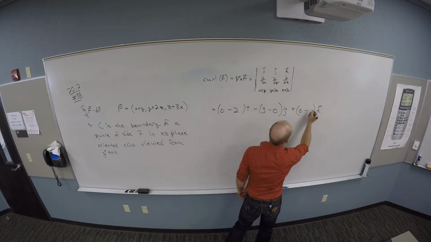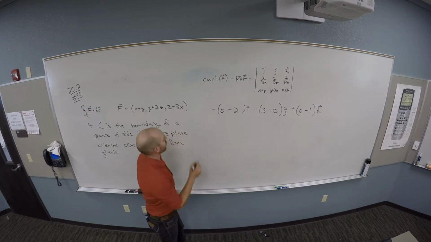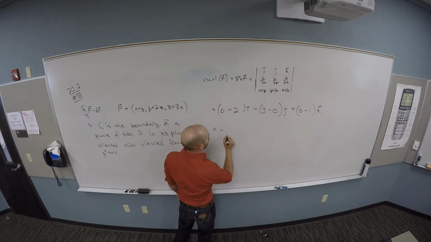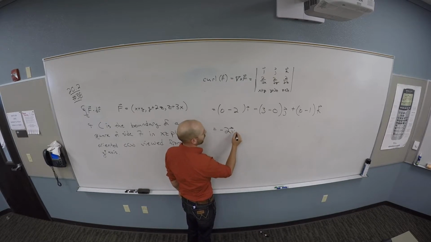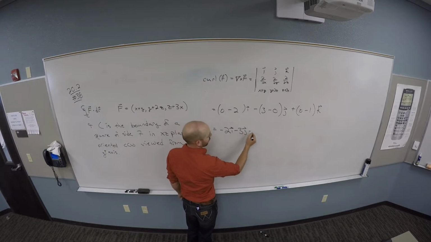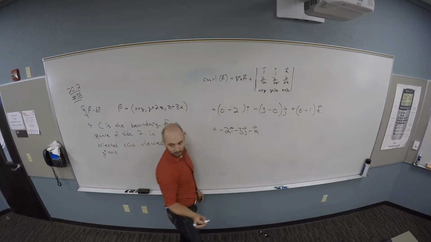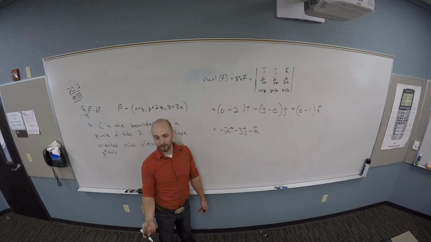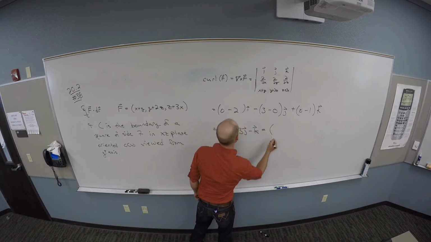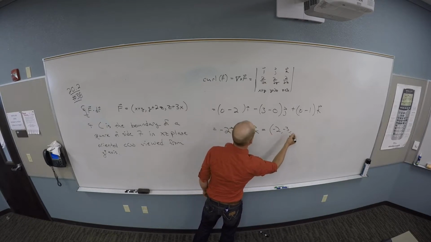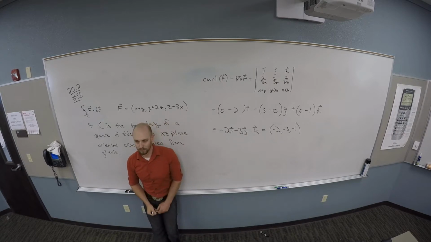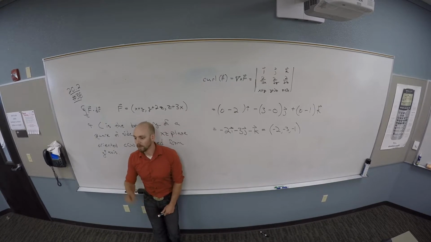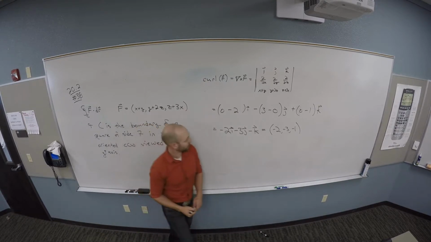So all told, careful, I got negative 2i minus 3j minus k, right? Which is categorically a vector, not a scalar. So I get the vector (negative 2, negative 3, negative 1). You guys cool with that? Yeah, perfect. That's the curl of f.